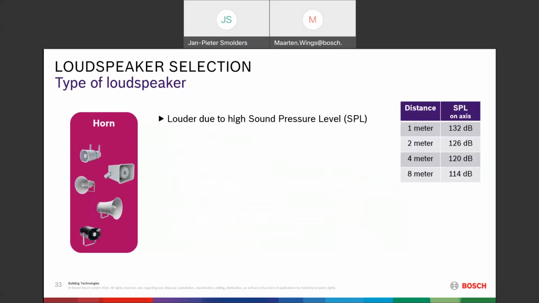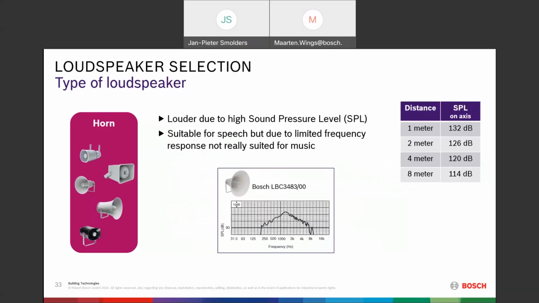Now the horn loudspeaker, as you know, a horn loudspeaker is typically a loudspeaker that can deliver a high sound pressure level. So you will use it for outdoor applications, most likely to cover large distances. It's suitable for speech, but we have seen the example already with the frequency response.